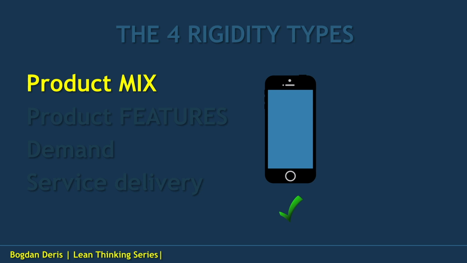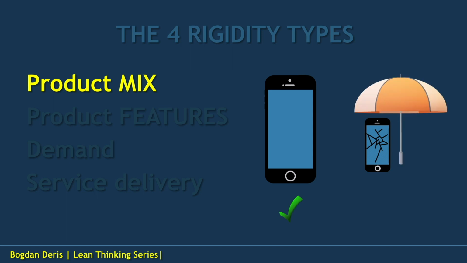For example, you can be a mobile phones retailer, and you actually have the desired model, but some of the customers think about the risk of breaking the phone in the future and also would like to have an insurance that goes with it. If you are unable to provide it, it means that you are rigid.